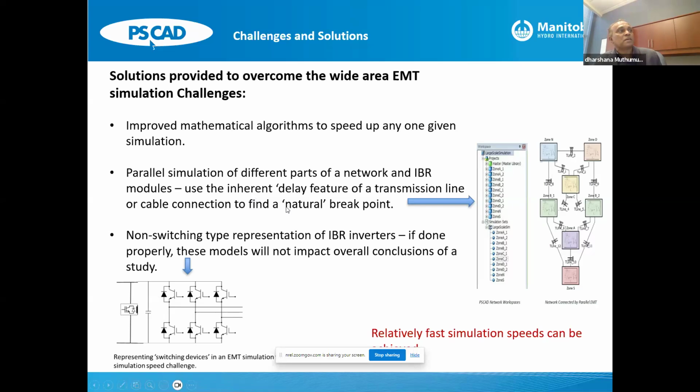So some of the research and developments that are happening to facilitate large area simulations include improved mathematical algorithms. We are investing a lot of effort on improving our algorithms at the very basic level to speed up simulations. Now, modern computers are pretty powerful.